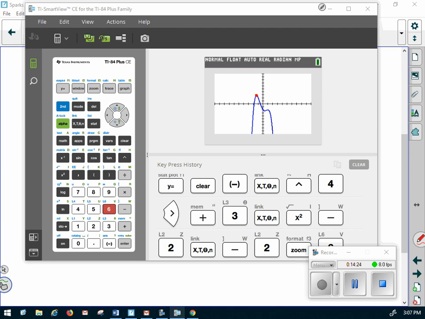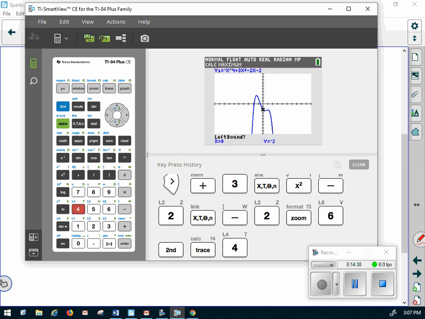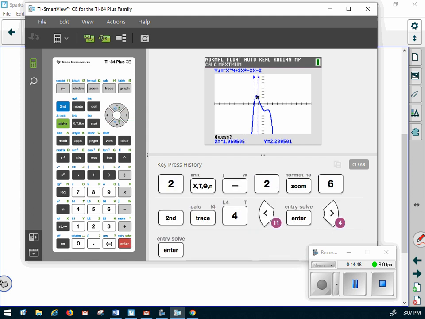That's a maximum. Second calc max. Left side. Right side. Enter.